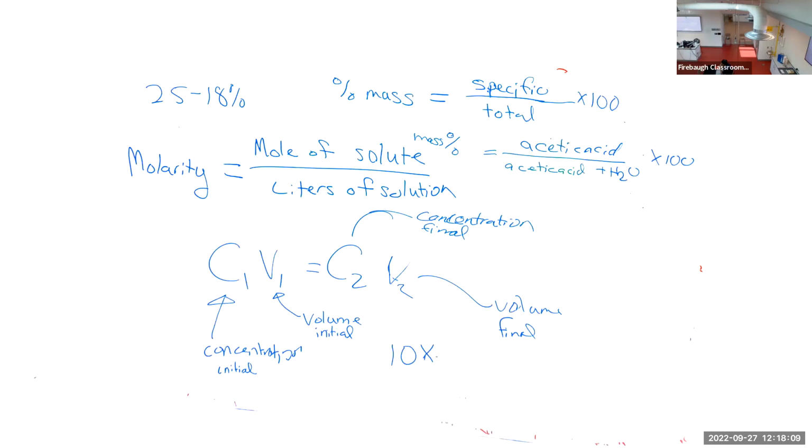Now, this is done in labs that don't like doing chemistry, so they don't want to use molarity. A lot of people are familiar with working with things that are 10 times. It makes sense. If it's 10 times greater, and I want to make a 10 mil solution at 1x, how much of that 10x do I need?